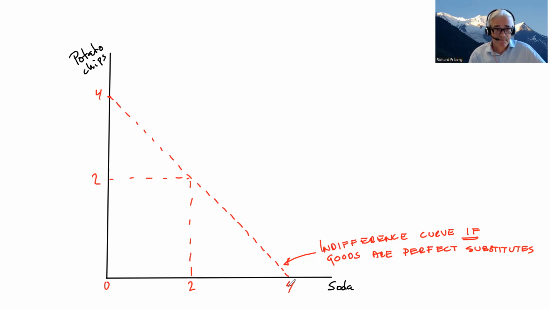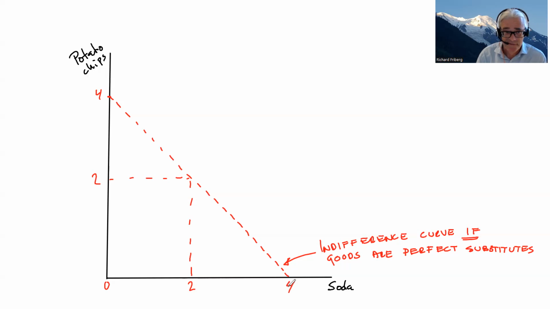So let's deal with imperfect substitutes. Well, that's saying that how you're willing to trade off one good against the other and still be equally well off depends on how much you have of each of the goods. Depends on your position. Okay, so your marginal valuation of the different goods, your marginal utilities, will depend on how much you have of the goods.